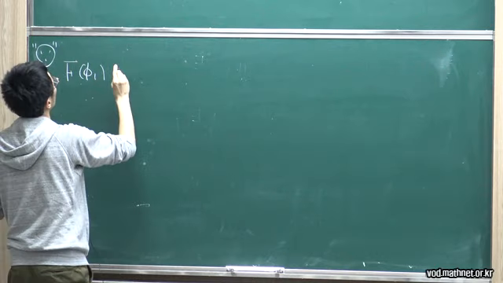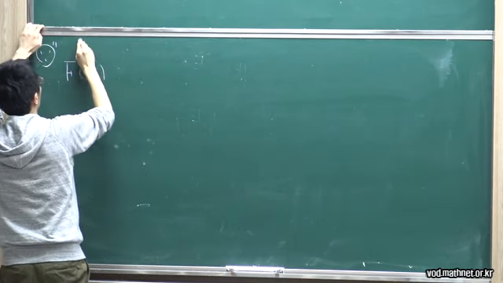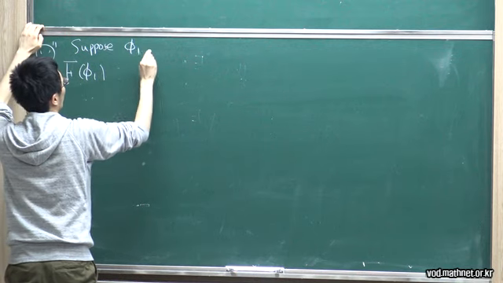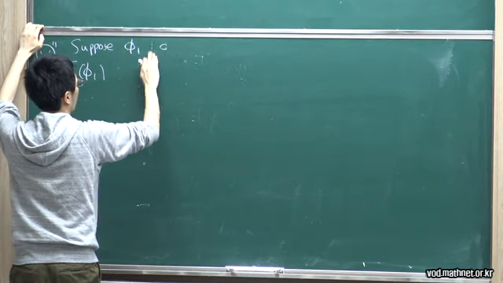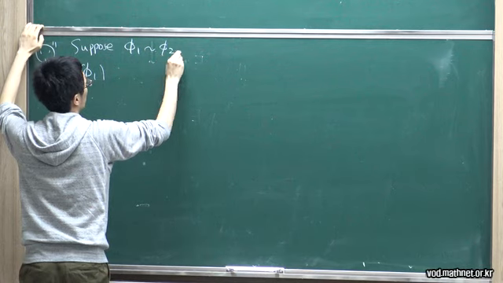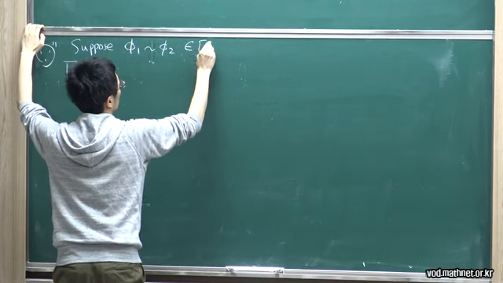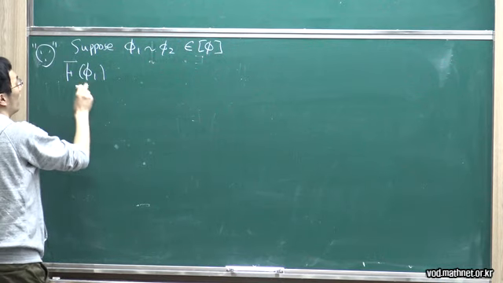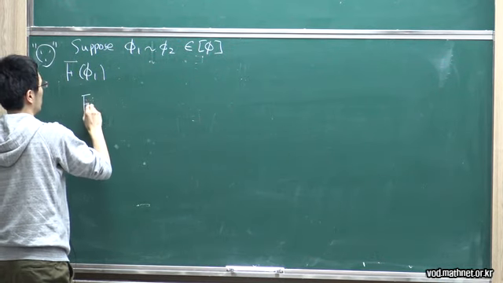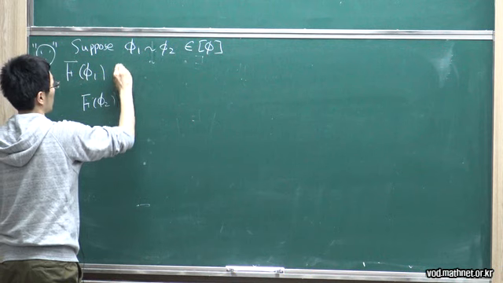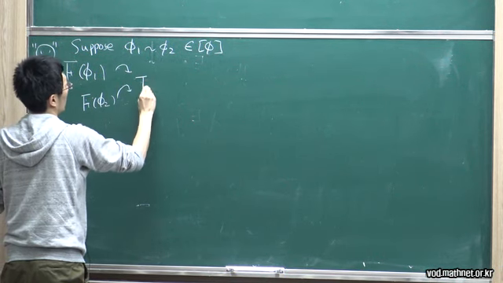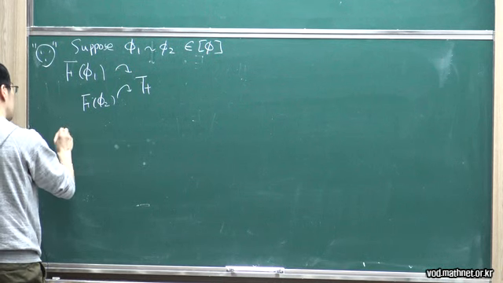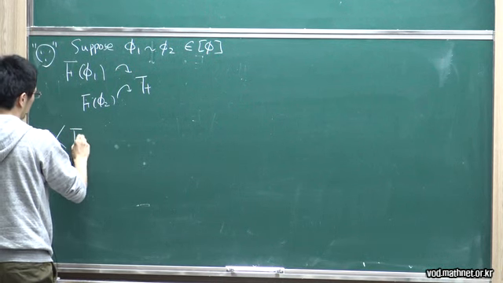Suppose phi1 and phi2 are commensurable, so they are both in the commensurability class. Then f of phi1 and f of phi2 act on the attracting tree by asymmetry, and we can think about this group.